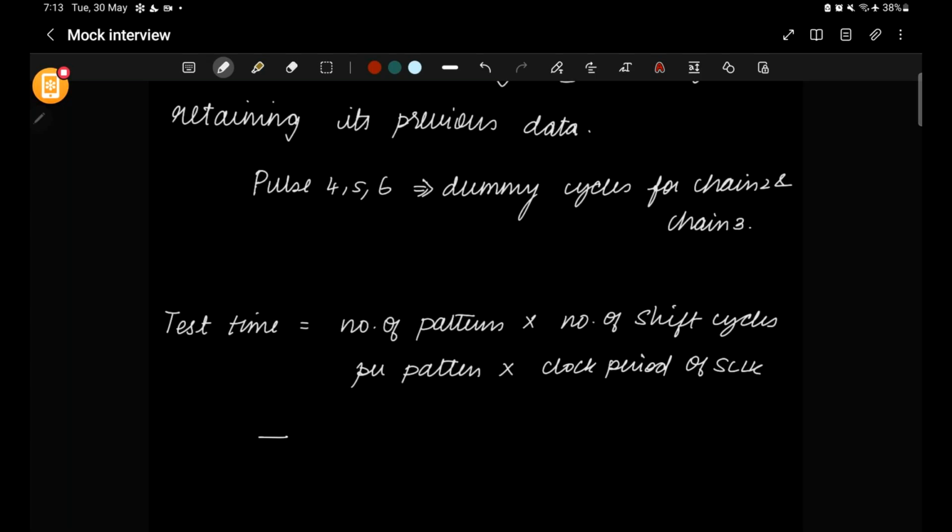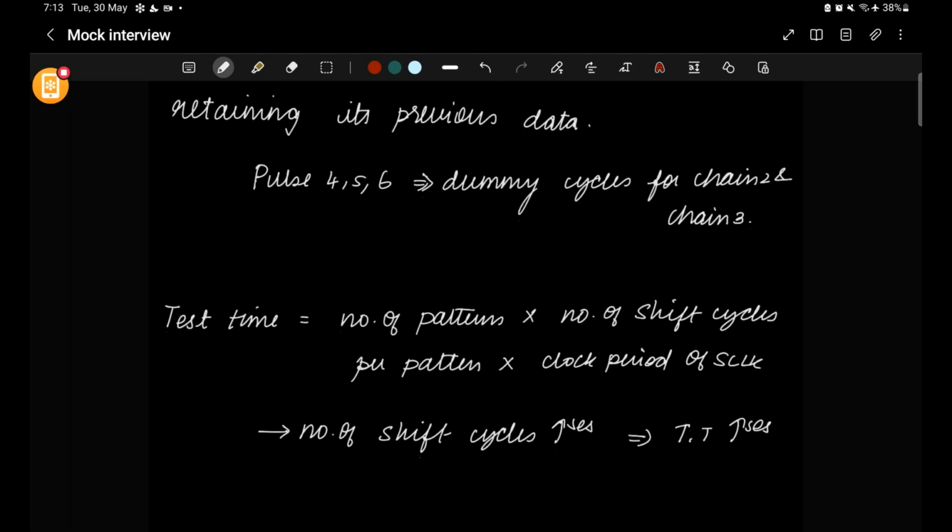So what will happen if number of shift cycles increases? If it increases, then test time also increases. So if you have unbalanced chain, you will have dummy cycles. If you have dummy cycles, the number of shift cycles are actually increasing. So test time also increases.